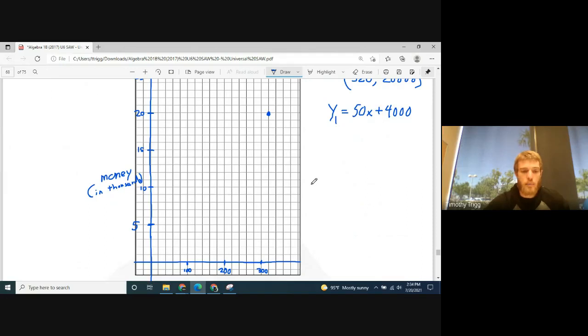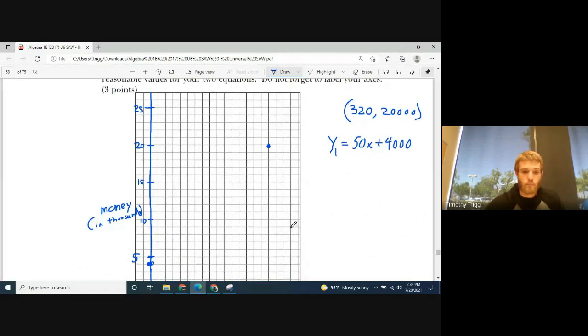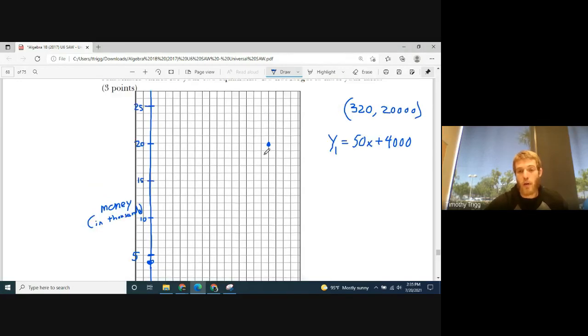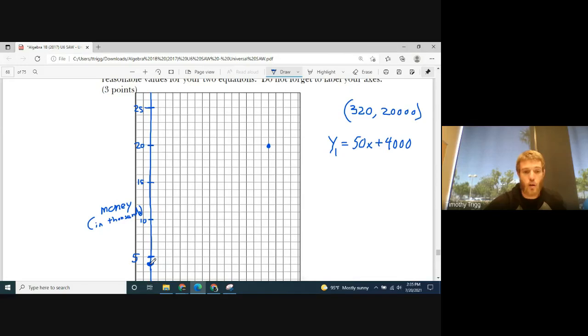So since our y-intercept is 4,000, I know we'll have a point right here on the y-axis at 4,000. I also know it's going to cross through this point. So what I'm going to do is draw a line connecting my y-intercept to this, because I know these two points are both on this line. I can go ahead and draw that line.